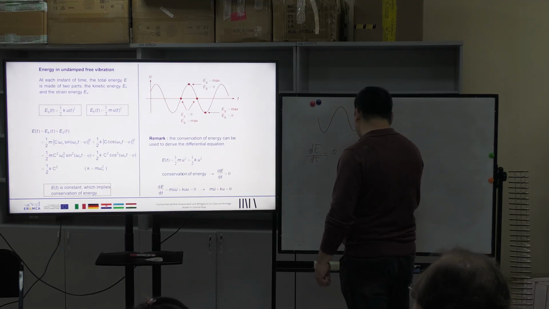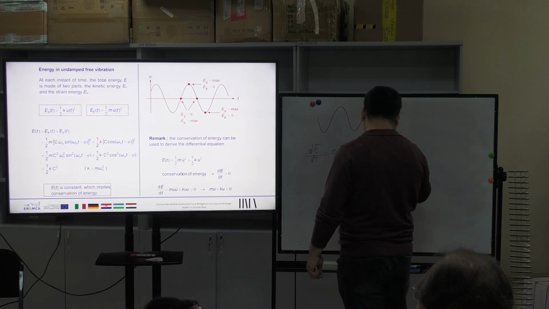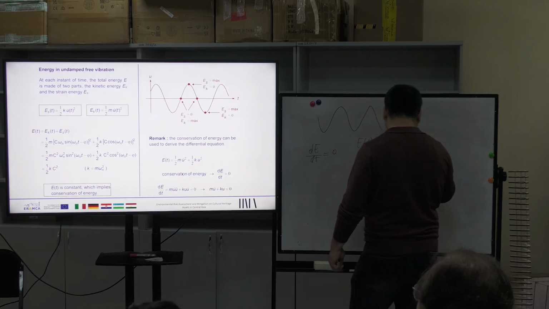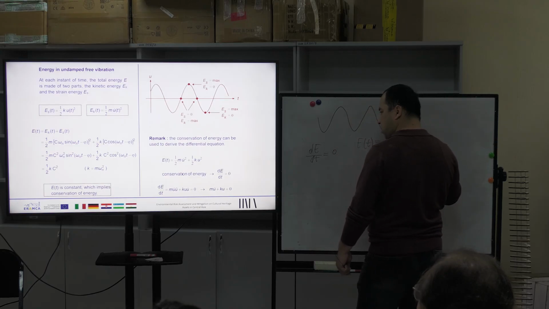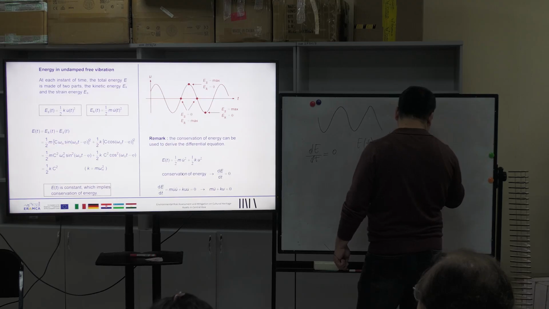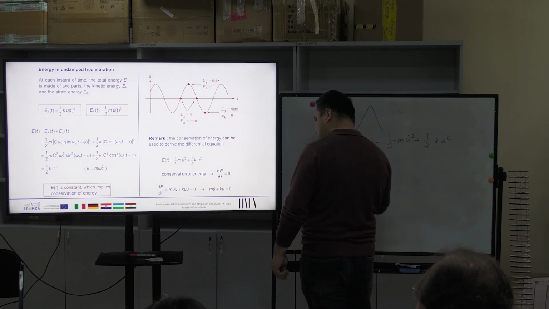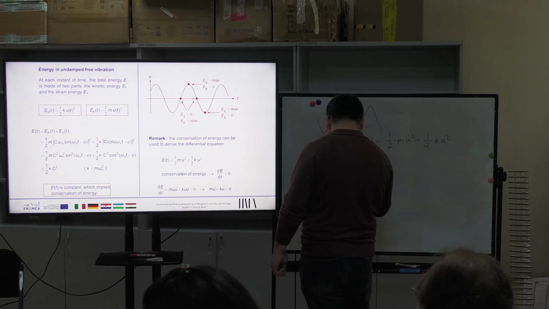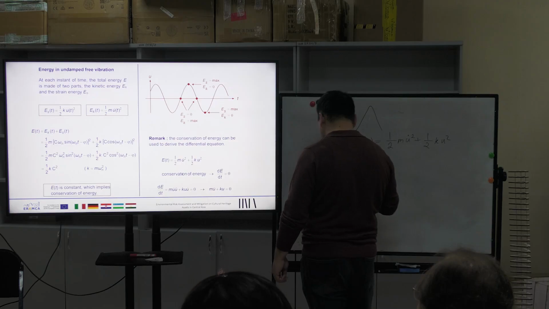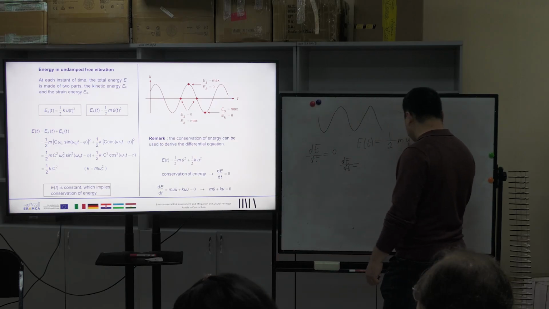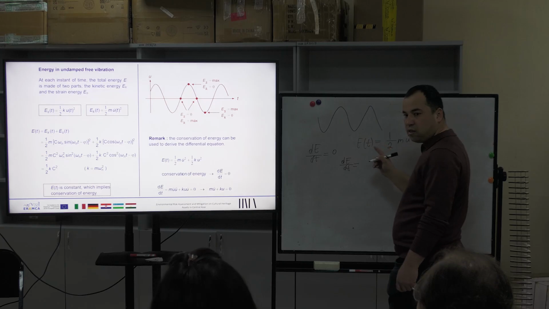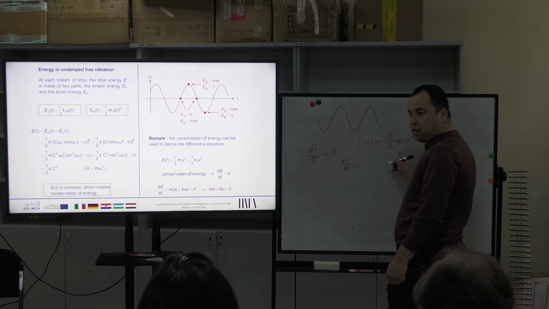Let's write dE/dt, the energy: 1/2 m u dot squared plus 1/2 k u squared. Now from this one I will try to derive. Which one is changing during the time? Only the speed, yes?